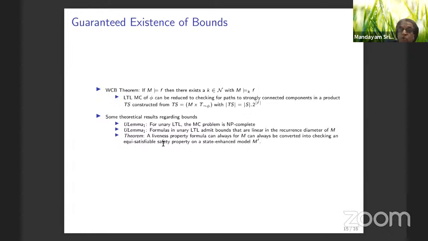Okay, once again due to Beer, in which he reduces all liveness properties.